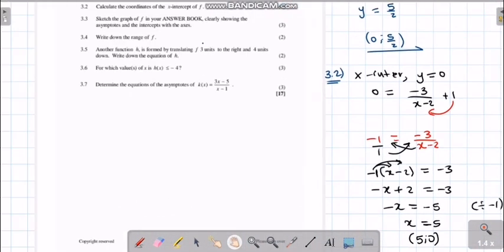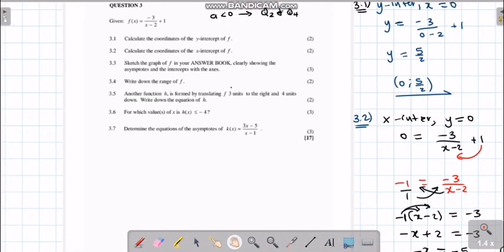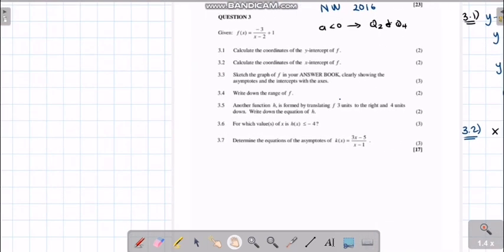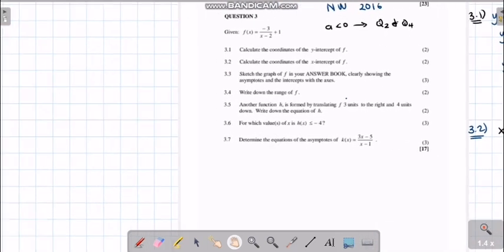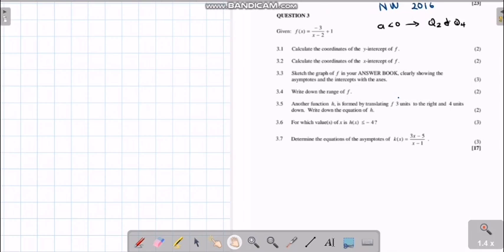Okay, so now 3.3. Sketch the graph of f in your answer book, clearly showing the asymptotes and the intercepts with the axes. In this case we don't have the answer book. So 3.3, they're saying we should show our asymptotes.